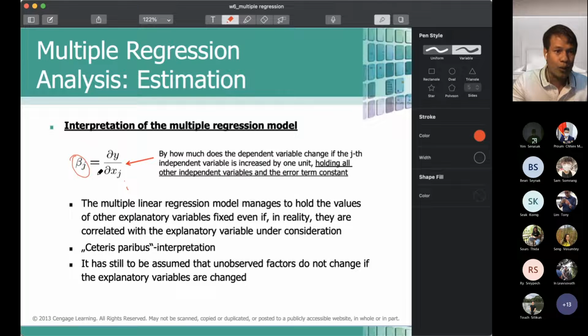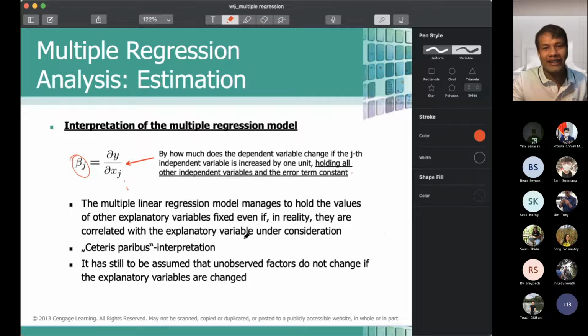Bj can be Bi, B1, B2, B3, or B4. All right. So the interpretation is by how much the dependent variable changes if the j-th independent variable is increased by 1 unit, holding all other independent variables and the error term constant. All right. This is the interpretation in multiple linear regression. This is the general rule.